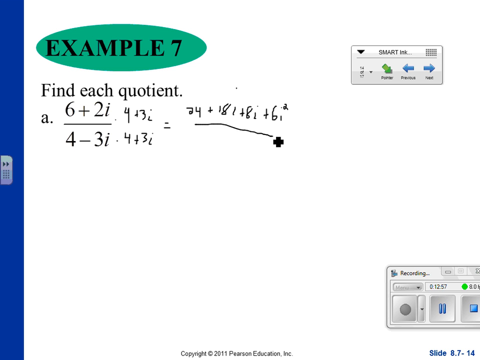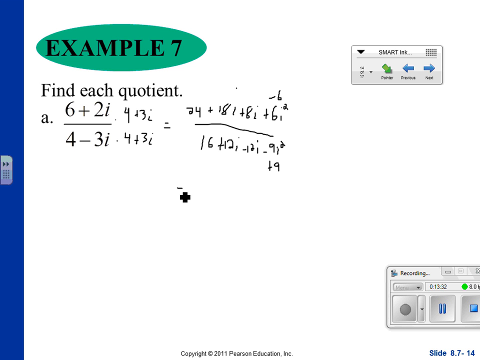On the bottom, on the FOIL, we get 4 times 4, which is 16. Outer, plus 12i. Inner, minus 12i. And last, negative 3i times 3i is minus 9i squared.